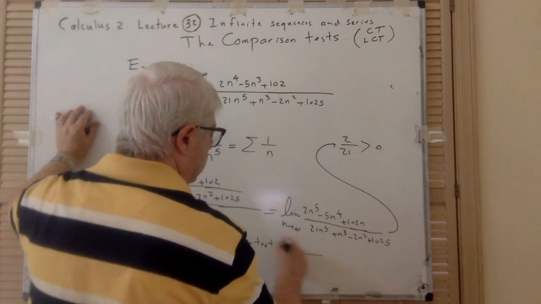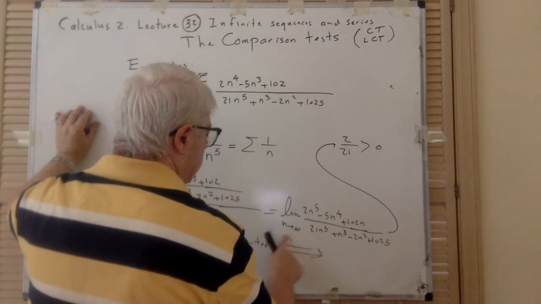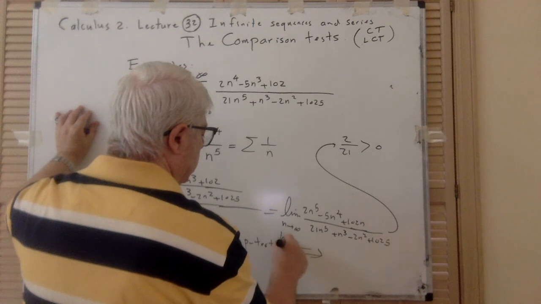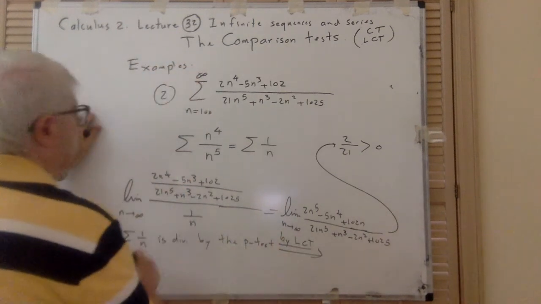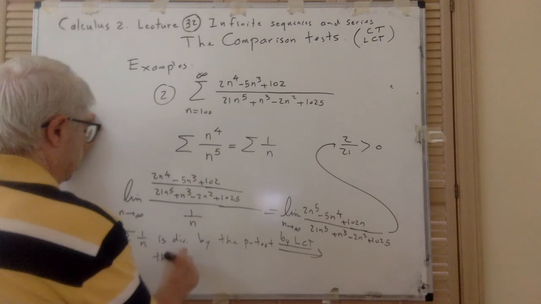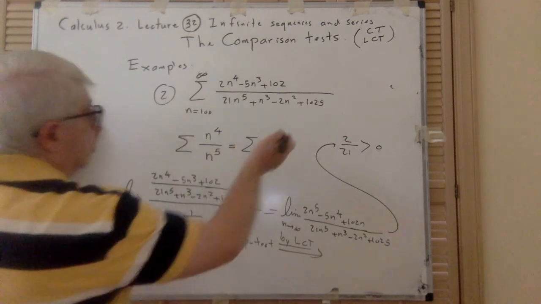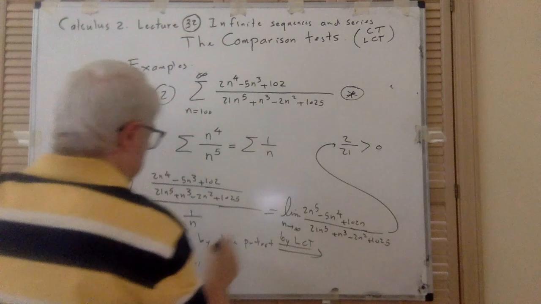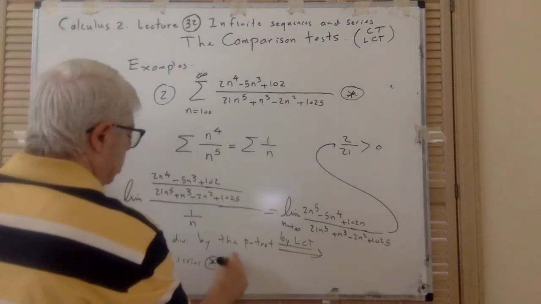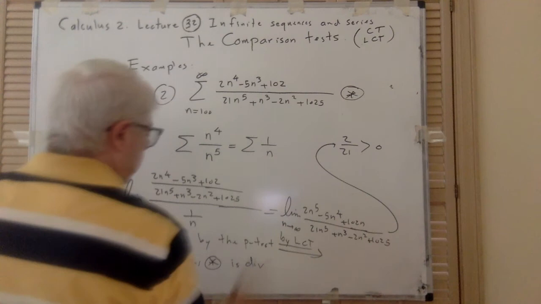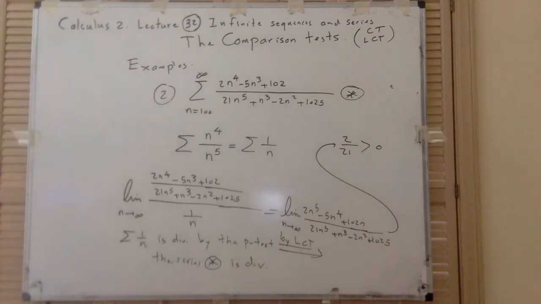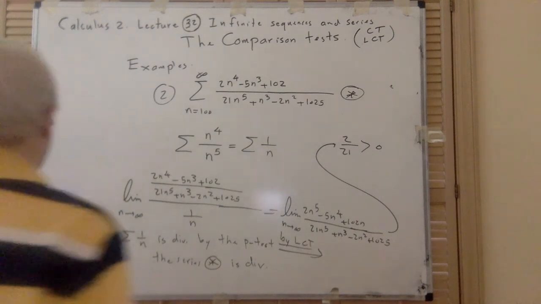So it implies by LCT, the limit comparison test, the series star is divergent. So they are either both convergent or both divergent, and since sigma 1/n is divergent, therefore the other one is divergent.